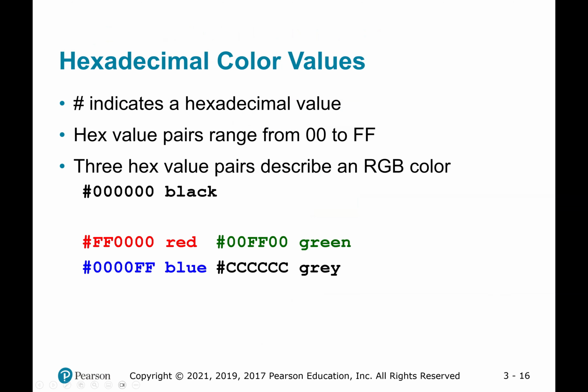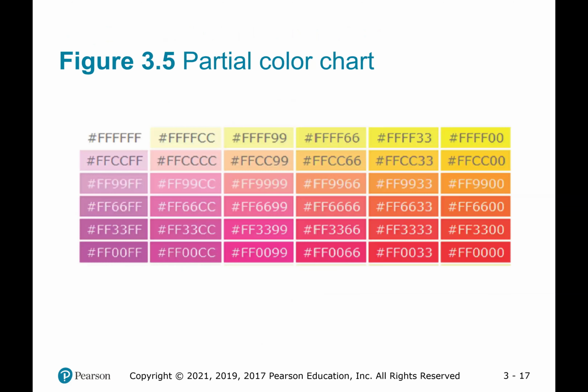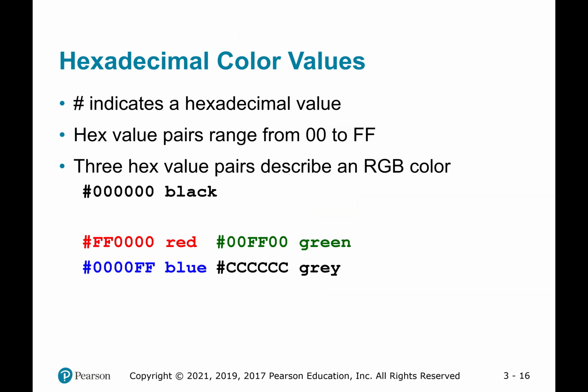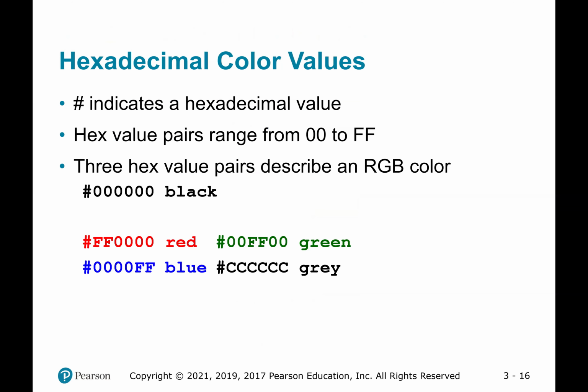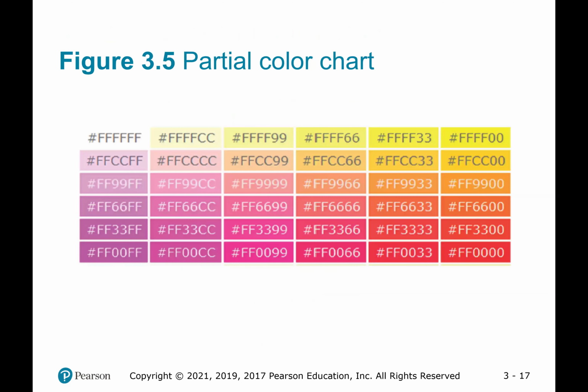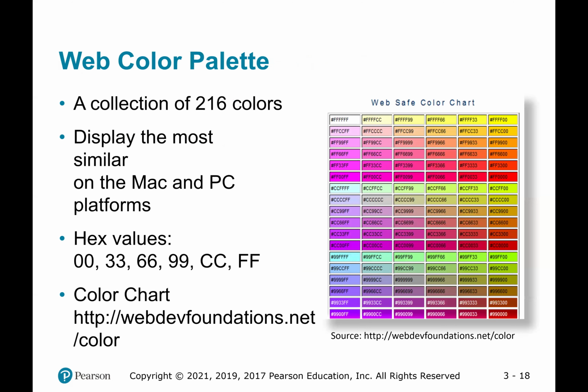Well, the thing is, it's difficult to remember all the hexadecimal color values. Obviously, we can remember red, green, blue, black, white, or even gray. But how do we remember other colors? It's not possible, right?